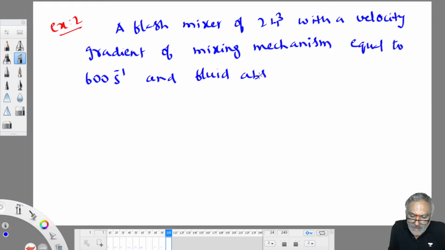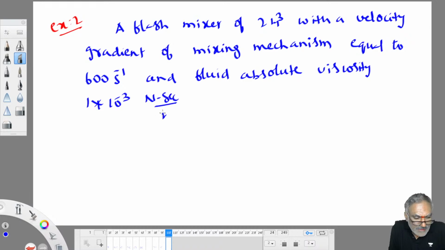fluid absolute viscosity 1 into 10 power minus 3 Newton second per meter square is continuously operated.